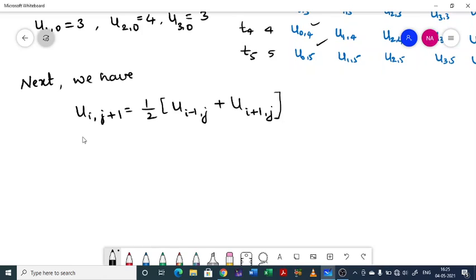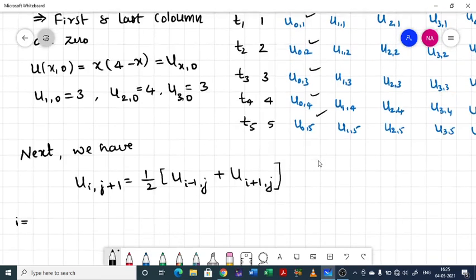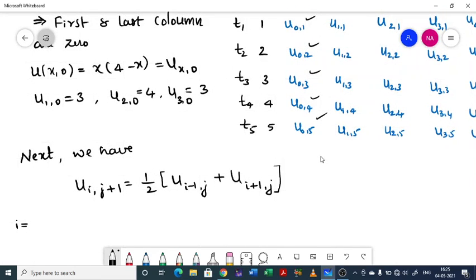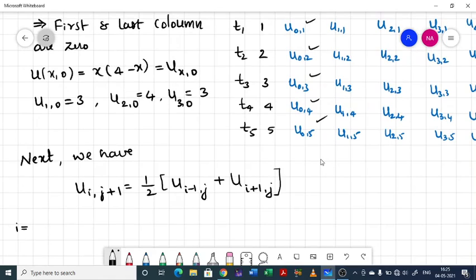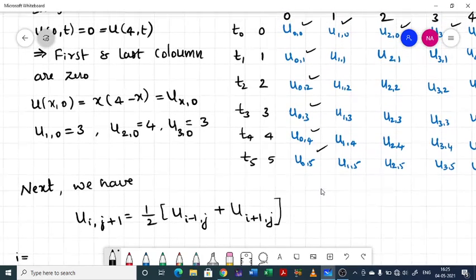You have to take the average of those two. In particular, what happens if you give i equal to 1? u(i,1). Okay, I am fixing j plus 1 to 1.